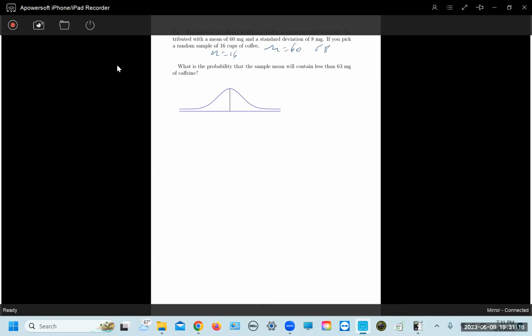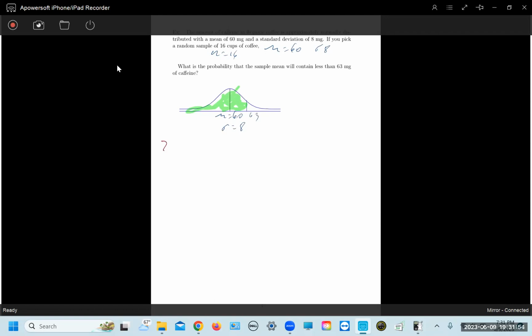So we go right here. The mu is 60, but this one is 63, and the sigma is 8. You can use either the calculator or the Z formula.